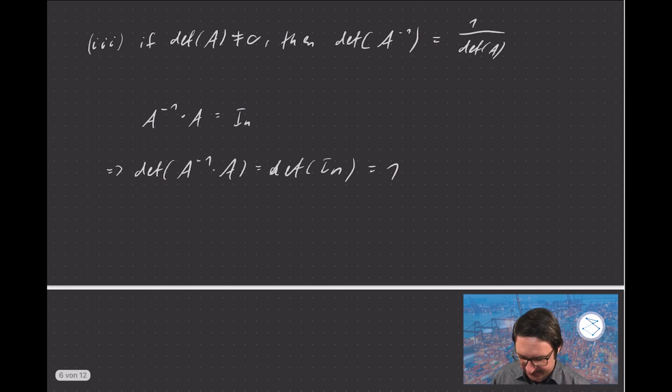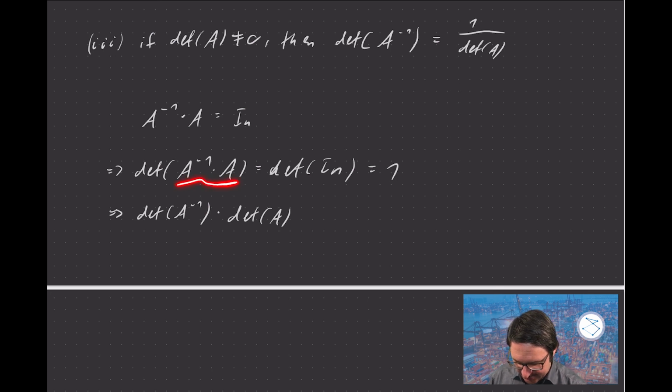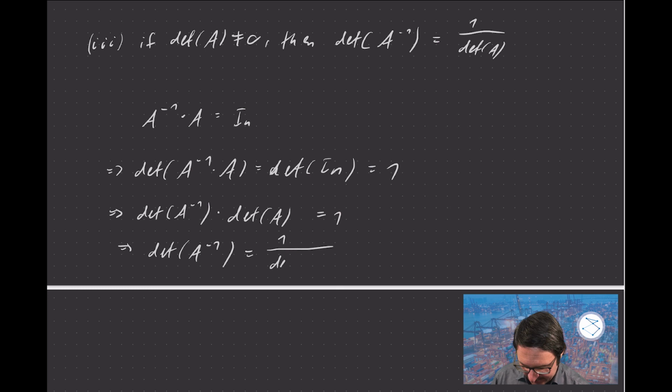That's easy to see. So applying that determinant multiplication theorem, that second property here, this expression is the same as the determinant of A to the minus 1 times the determinant of A, that is 1. And then of course we can just solve this for the determinant of A to the minus 1, which is then 1 over the determinant of A.